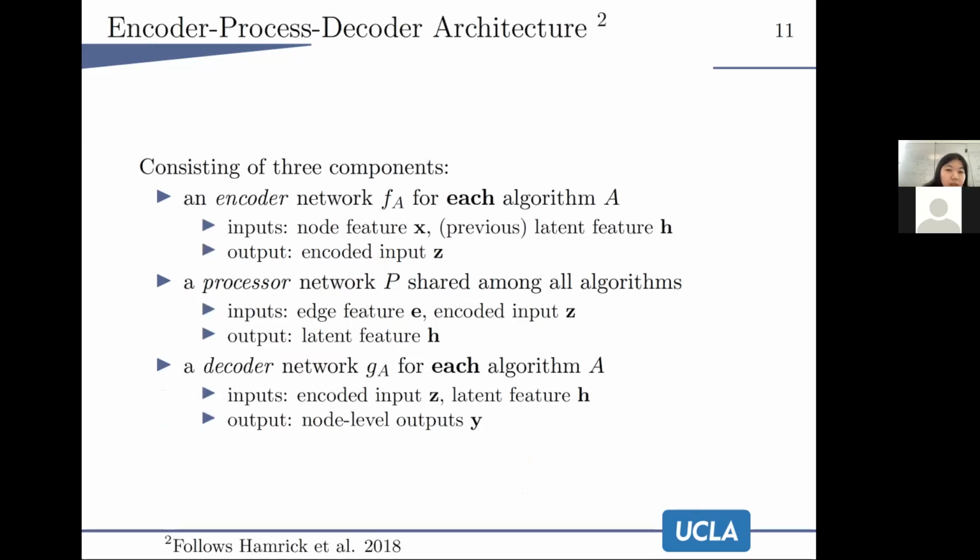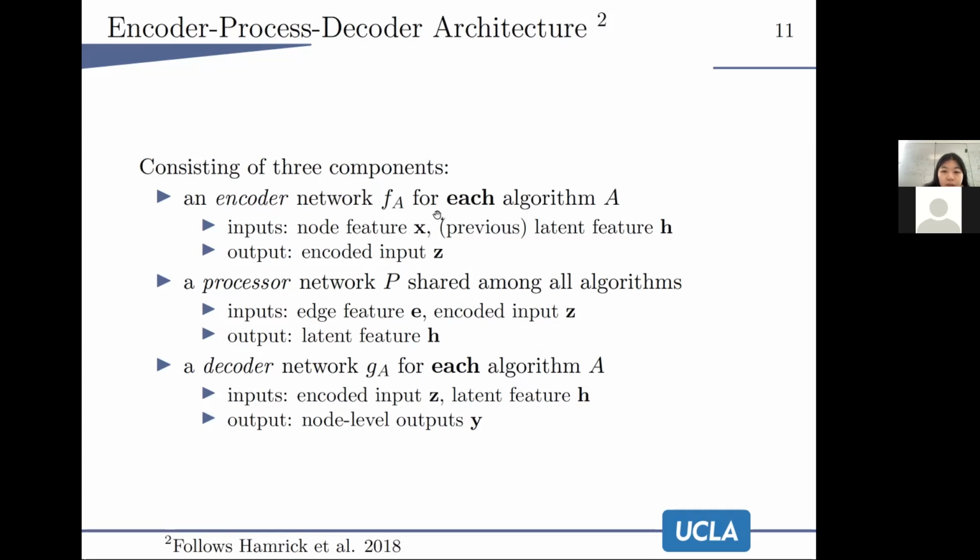And the architecture of the graph execution framework basically consists of three components. It follows the encoder-processor-decoder architecture. I also put a link down here, where they cite the encoder-processor-decoder architecture. First, it consists of an encoder network.